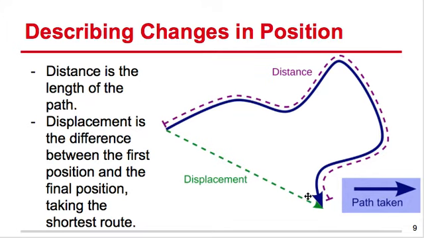This can be really important when we're talking about traveling. You might not always be able to take the shortest path when you're driving a car, right? But if we're flying, we have the shortest path. So we're going to have the same displacement, but we're not always going to travel the same distance. That should do it for the first set of notes.